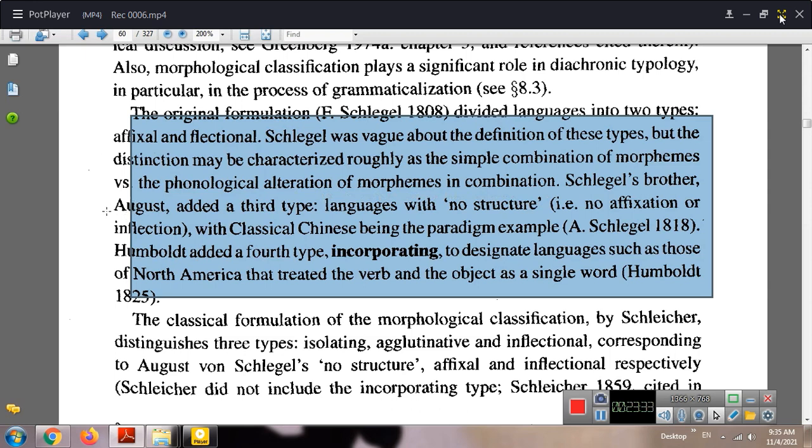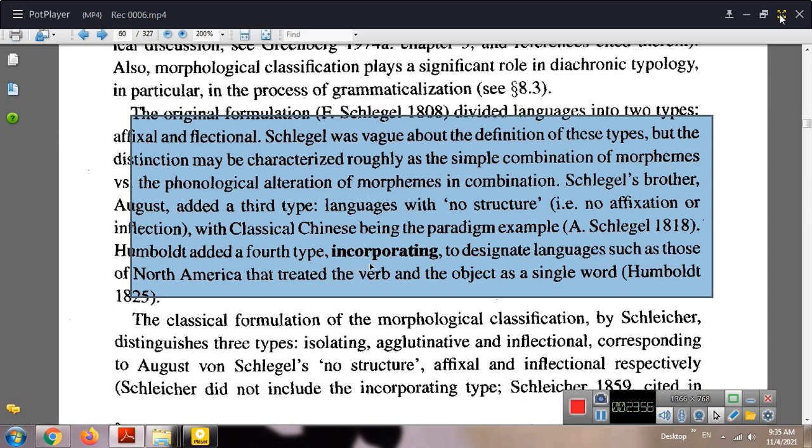Schleicher's brother August added a third type, languages with no structure, no affixation or inflection, with classical Chinese being the paradigm example of the language with no structure.